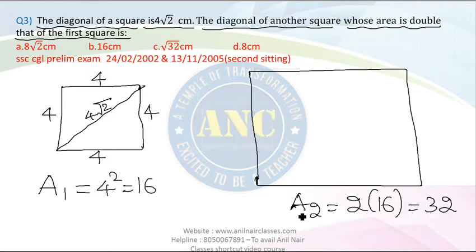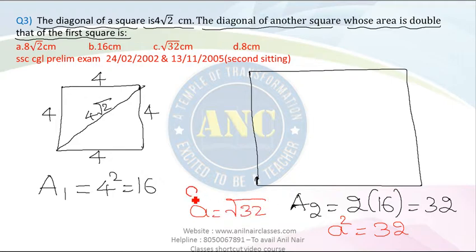Area of a square is nothing but A square. A square is 32. So, A value will be square root of 32.